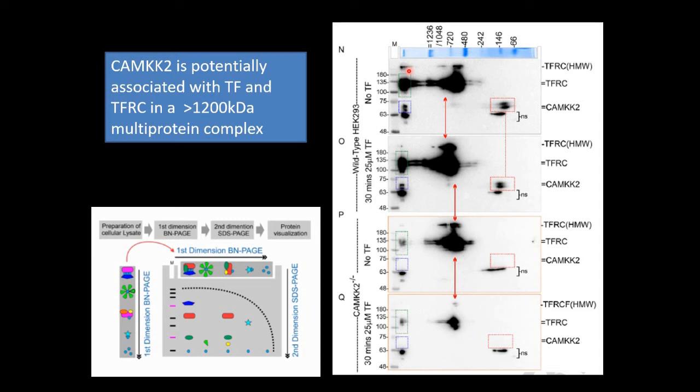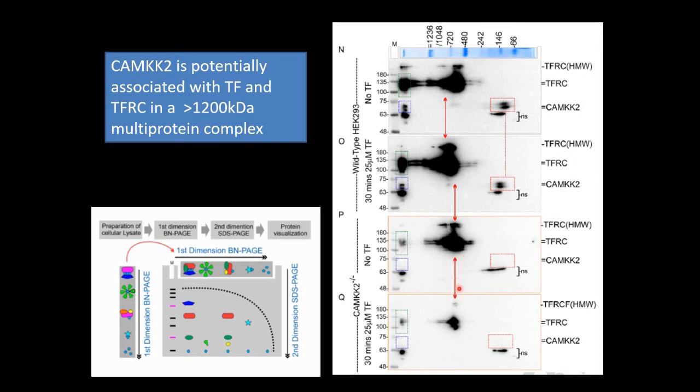Interestingly, when transferrin was added to the media, the transferrin receptor associated protein complexes shifted to a relatively higher molecular weight region. This indicates recruitment of potential interacting proteins. In addition, under CAMKK2 deficient condition, this relative shift of transferrin receptor complexes to the high molecular weight region under transferrin treatment was lacking.